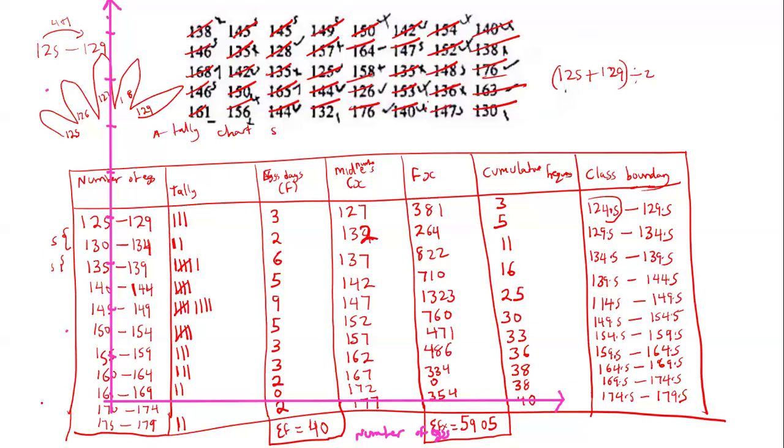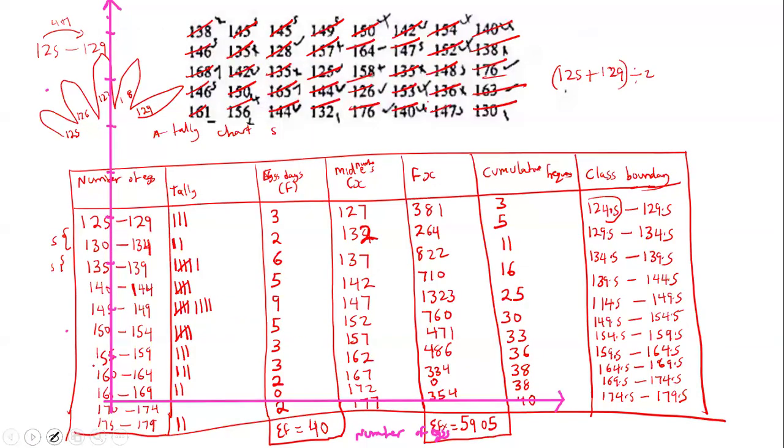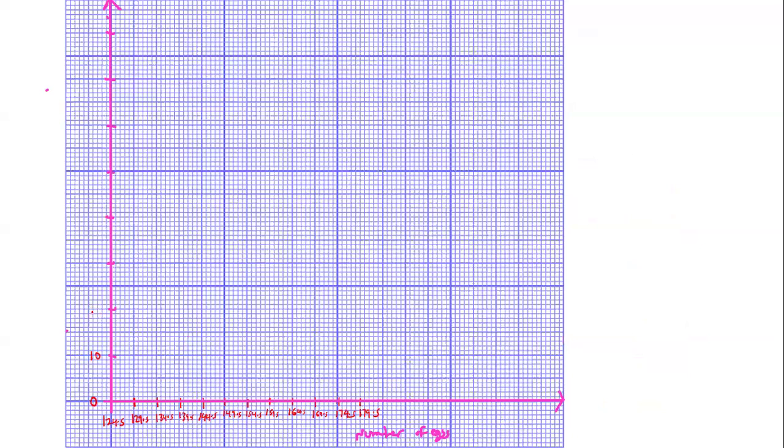Then the next one is our cumulative frequency. I have no problem here using 10. So I say this is from 0, 10, 20, 30, 40, 50.